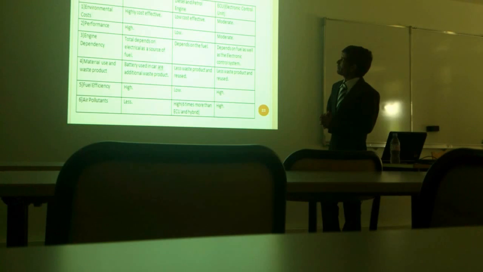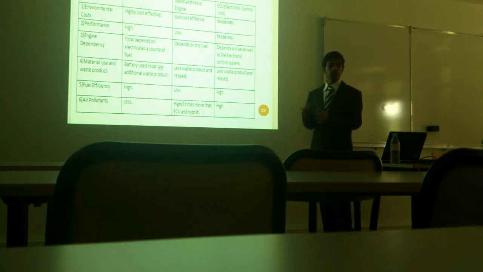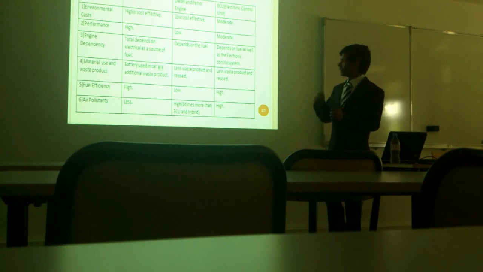But diesel and petrol engines, as compared to the hybrid engine, produce less waste product, and can be reused because it is mechanical circuitry, the mechanical part inside the engine.